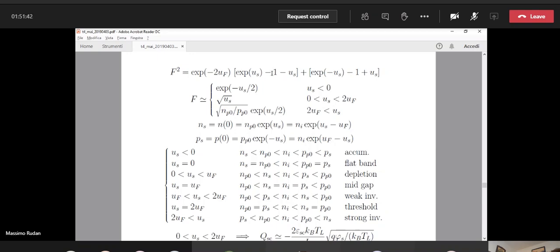Then you have these pieces, but these pieces are multiplied by a very small number. And US minus 1 have no weight with respect to the large exponential. So when US is very negative, we can approximate f squared as the exponential of minus US. And if you take the square root, you have minus US over 2, exponential of minus US over 2. Okay, so this is the first limiting case.